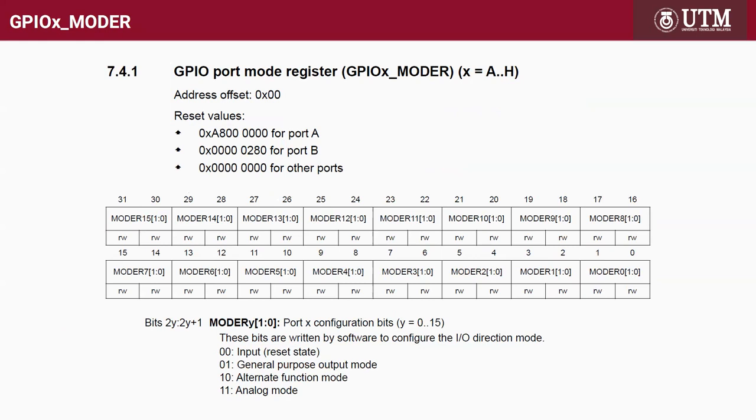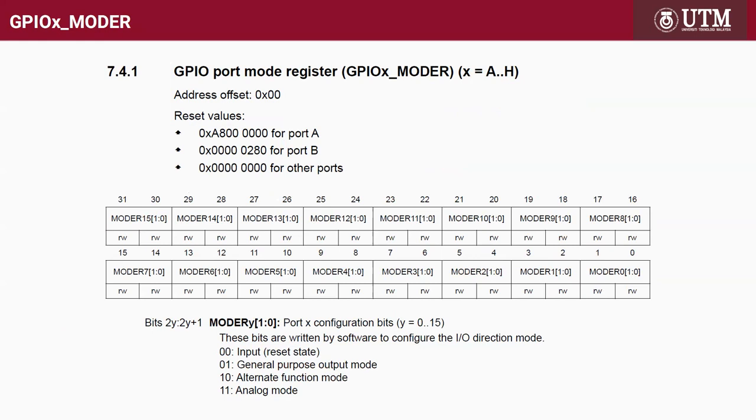And then for the GPIO, each bit has to have its direction set. Okay, so let's say I want to use the LED on the Nucleo.